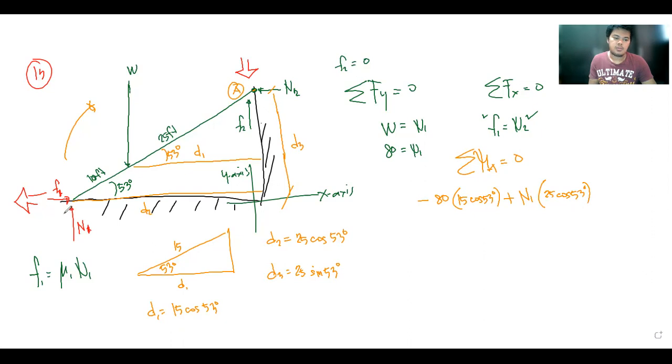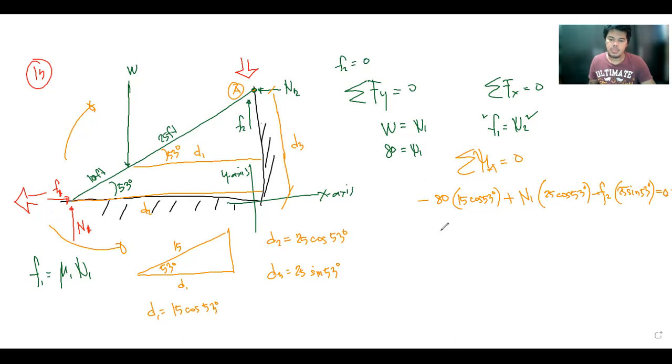Whereas F2 will create a negative moment, so F2 multiplied by 25 sine of 53, and this would be equal to 0.